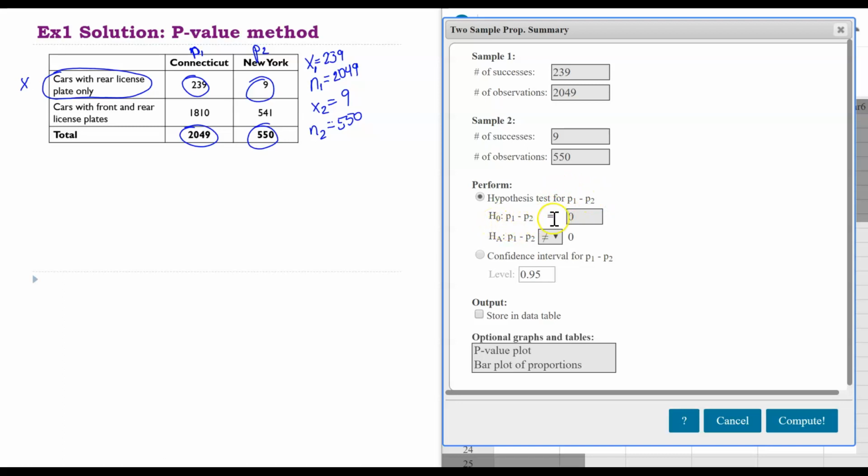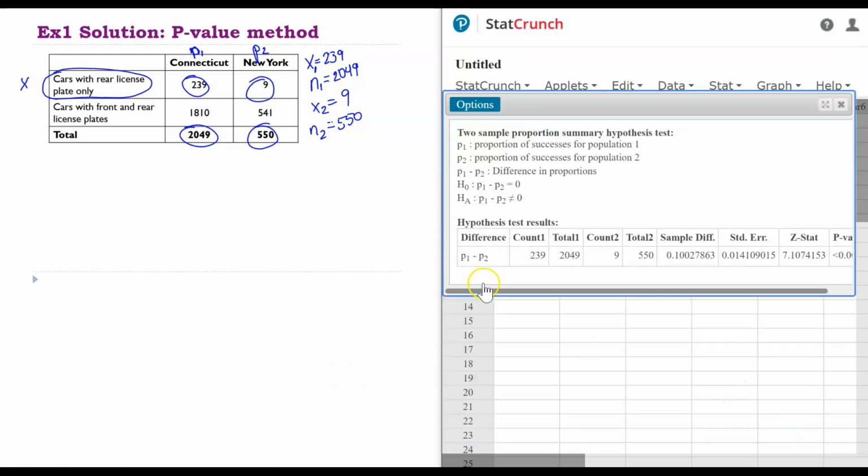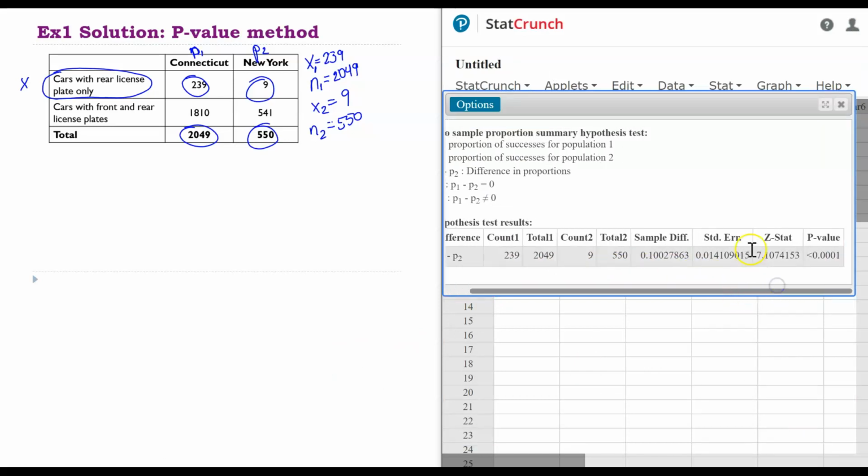Null hypothesis is that P1 minus P2, the difference of the two proportions, is equal to 0. Alternative hypothesis, that it is not equal to 0. Make sure to change, if needed, the sign of the alternative hypothesis. Go to Compute. As you can see, we got the same numbers in StatCrunch. Our z statistic is 7.11 and the p-value is 0.0001. So we make the same conclusion.